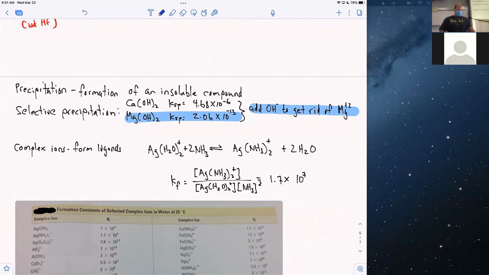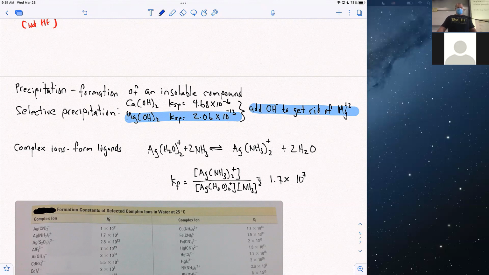So that's one way you can purify a solution to get rid of one product or another. And why would you want to do this? One is to purify something. The second is to get rid of a really toxic material, like chromates. Chromates are very dangerous, and a little bit of chromate can cause a lot of environmental damage. But if you precipitate that tiny bit out, the solid precipitate is much easier to manage than a liquid stream of toxic stuff.